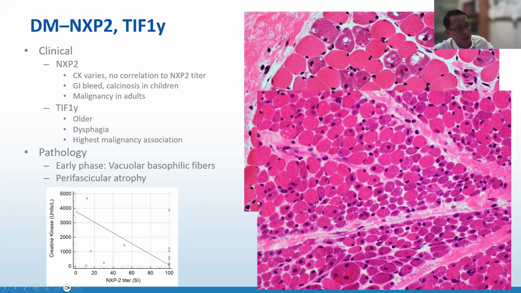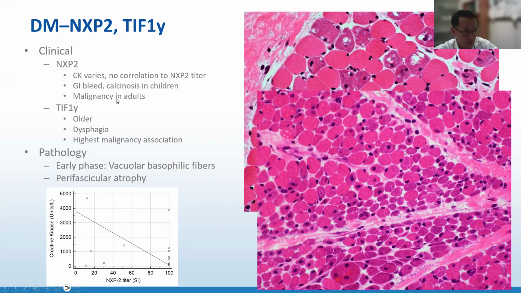Clinically, the phenotypes of NXP2 and TIF1 gamma are different. NXP2 is the most common juvenile dermatomyositis autoantibody, but it can also be seen in adults. In the juveniles, it's typically associated with GI bleeding and calcinosis as fairly unique features.